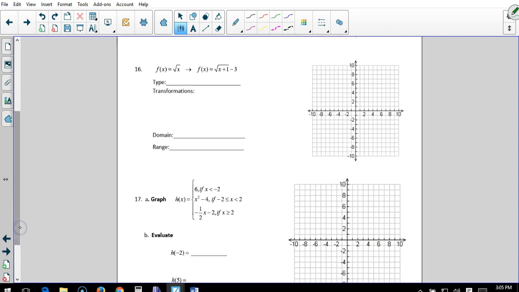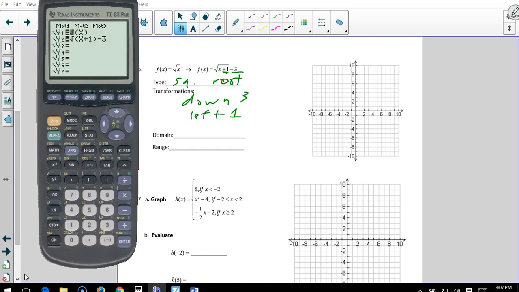Okay, number 16. Square root function. Okay, what are the transformations? Down 3. Left 1. So go ahead and put this in the calculator.